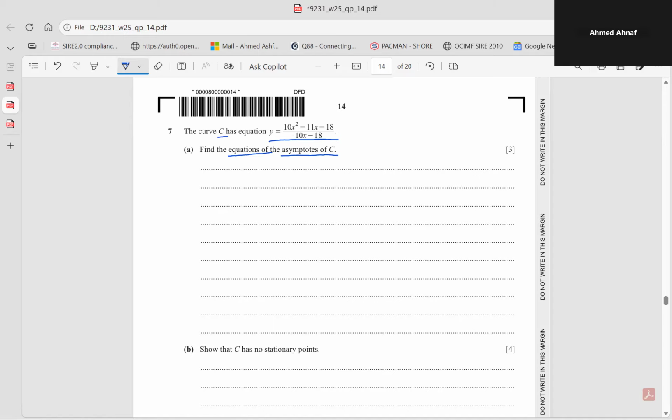To find the vertical asymptote, you equate the denominator to 0 and make x the subject. So you get 10x equals 18, and x would just be 18 over 10, which is 9 over 5. So this is the vertical asymptote.